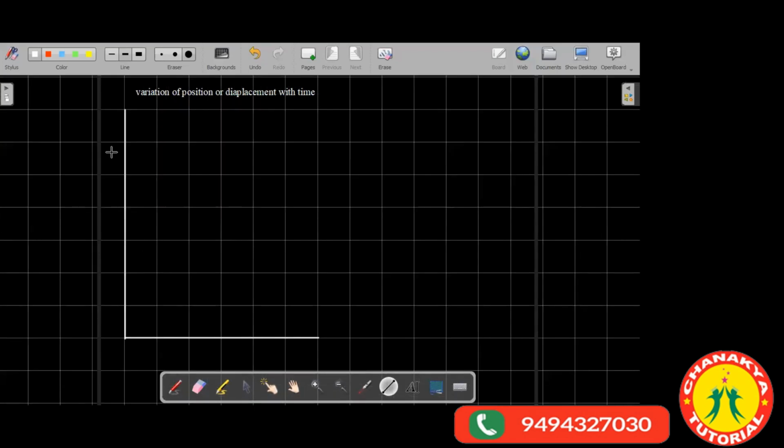Yeah, I think this one is correct. So we have to see variation of position with time. On the y-axis we have taken position, and on the x-axis we have taken time. Let's mark the positions. We have 0 for both time and position.